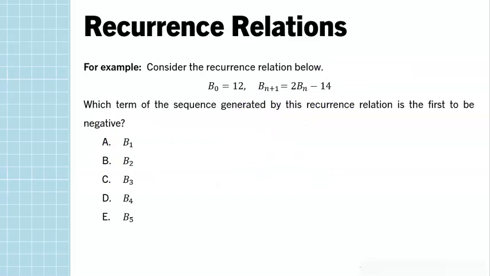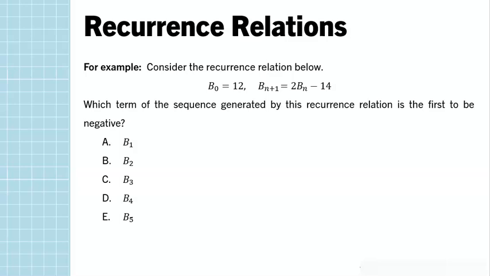Our final example here. This time, consider the recurrence relation below, where we have B0 is 12, Bn plus 1 equals 2 times Bn minus 14. And we're asked which term of the sequence generated by this recurrence relation is the first to be negative. So which is the first to be a negative value?